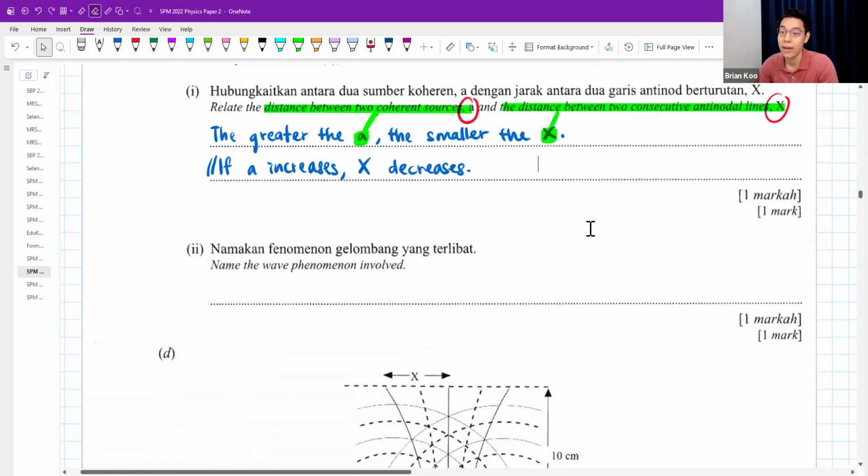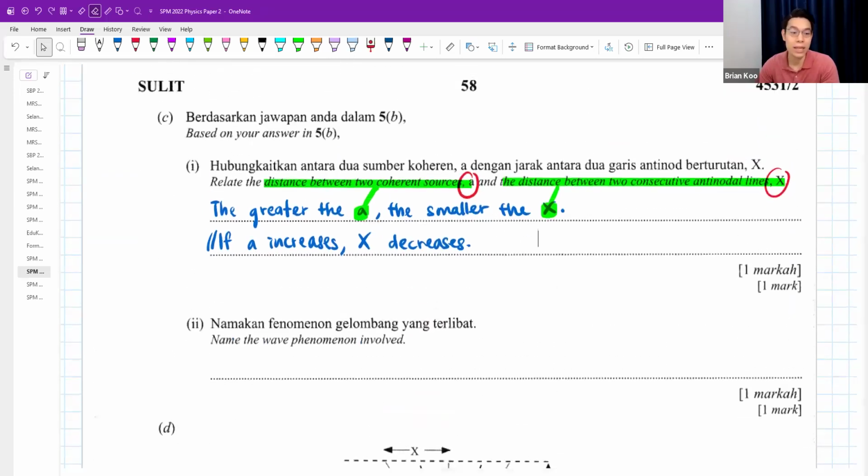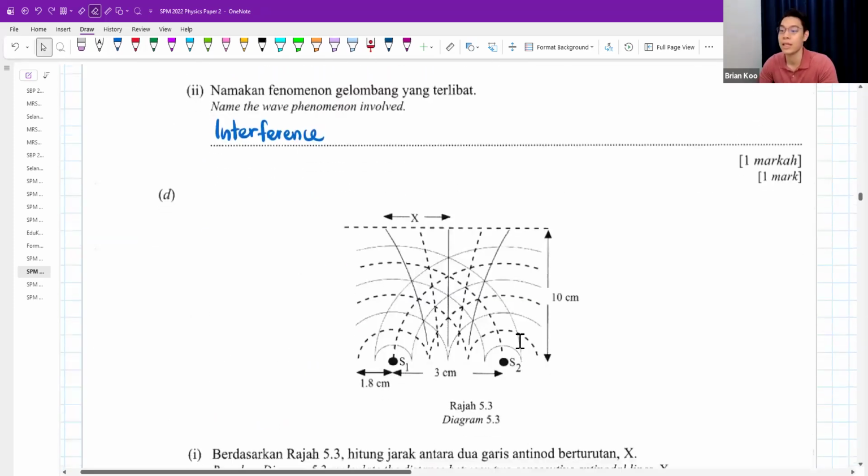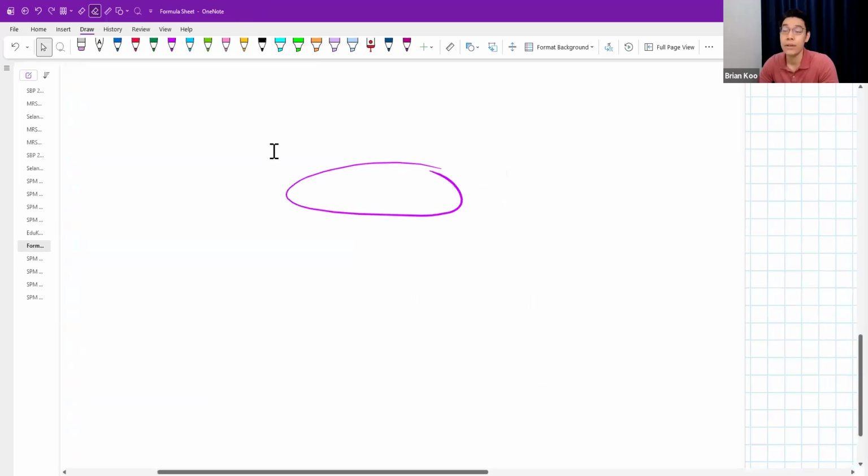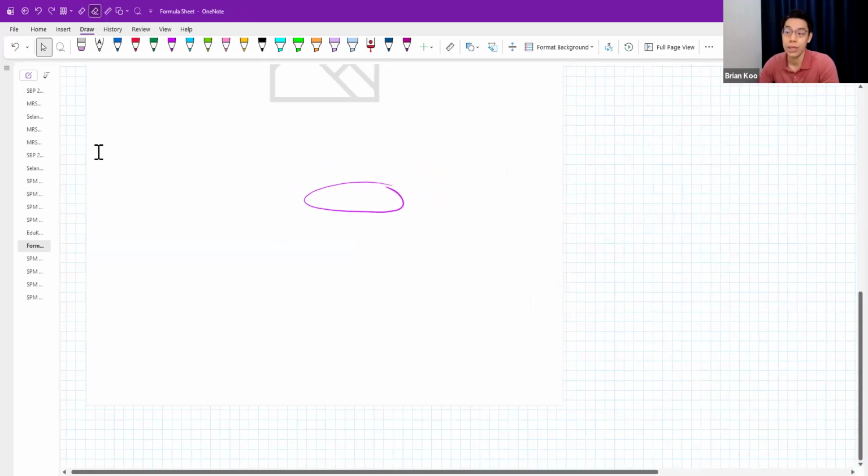It is okay. Part 2, name the wave phenomenon involved. It is called interference. Interference of waves. Then part D, they ask to calculate, based on diagram 5.3, the distance between two consecutive antinodal lines X. Now, you want to use the interference formula, which is given.